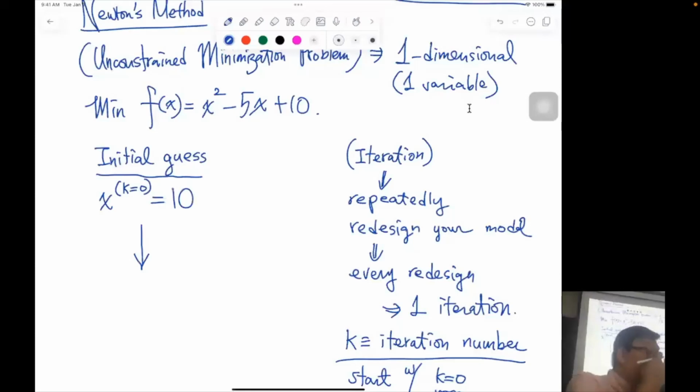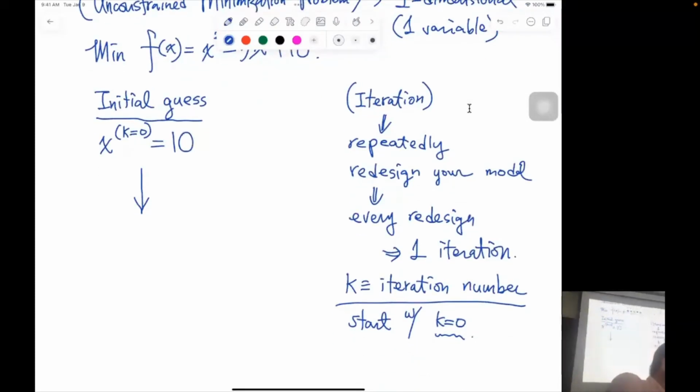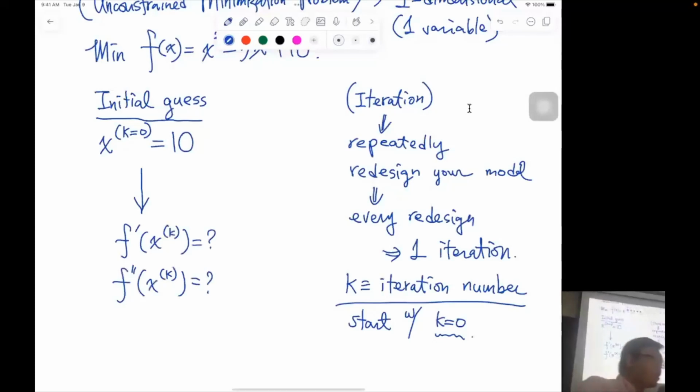1D Newton's method will ask you to solve the following. You need to tell me what is f prime of x(k) and f double prime of x(k). This is what Newton's method needs.